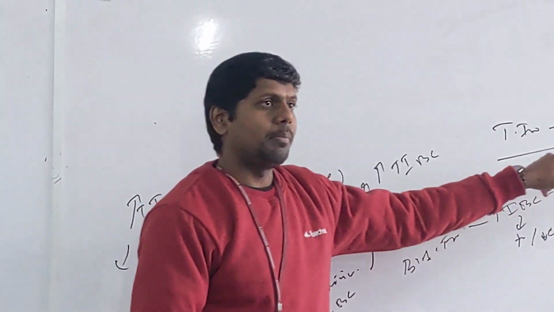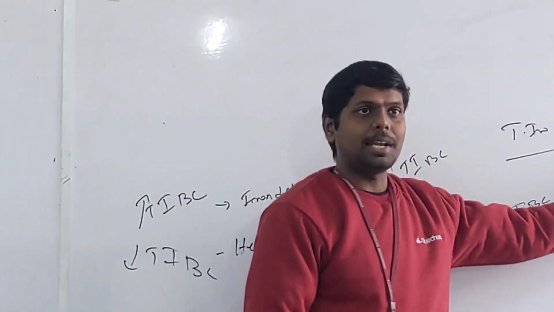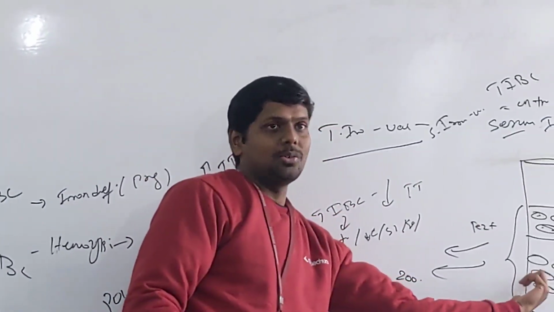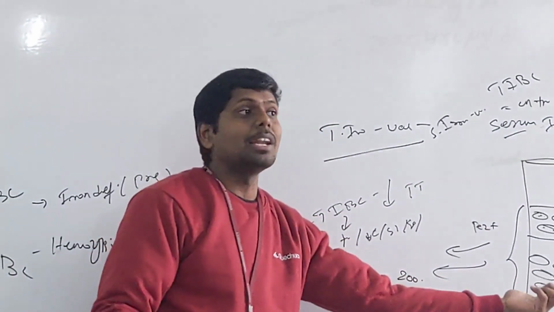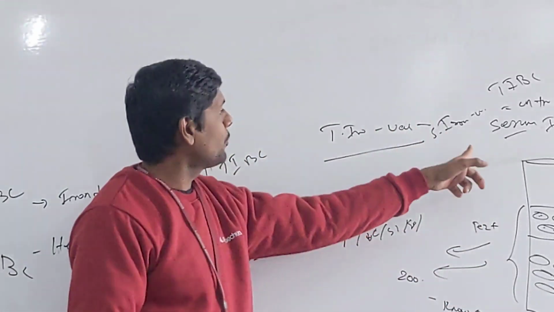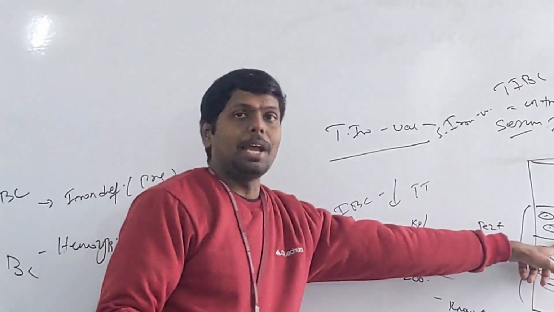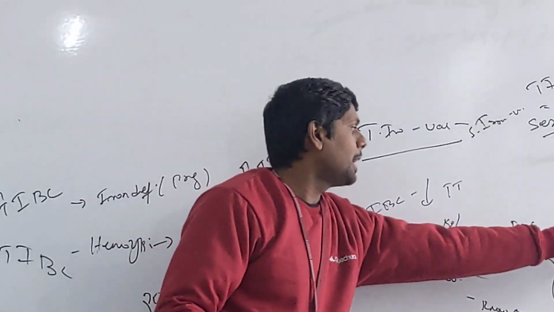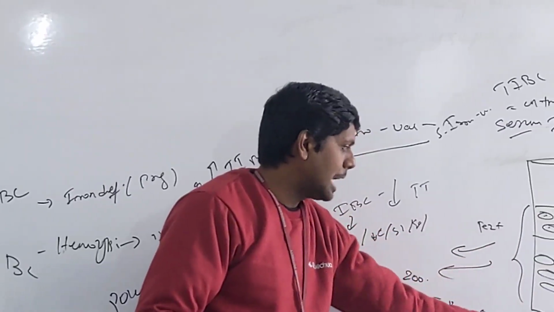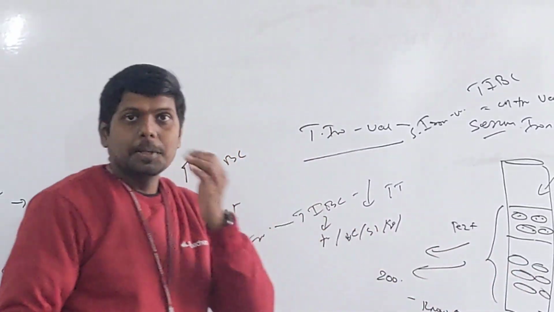Total binding capacity minus how much was initially bound will give us the unsaturated transferrin value. How much transferrin is bound to iron gives the saturated transferrin status, and the remainder is the unsaturated transferrin status.